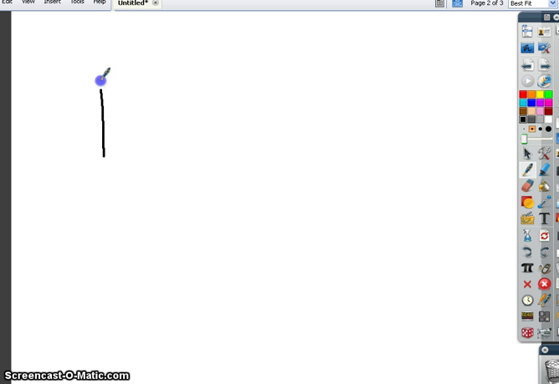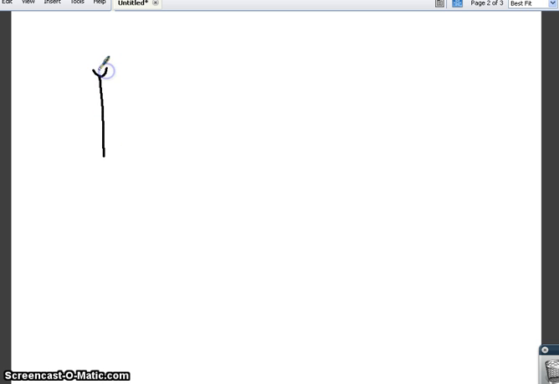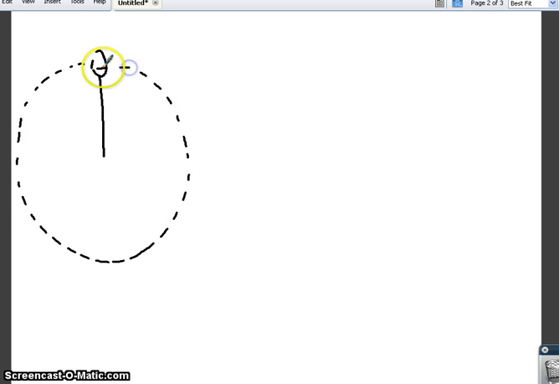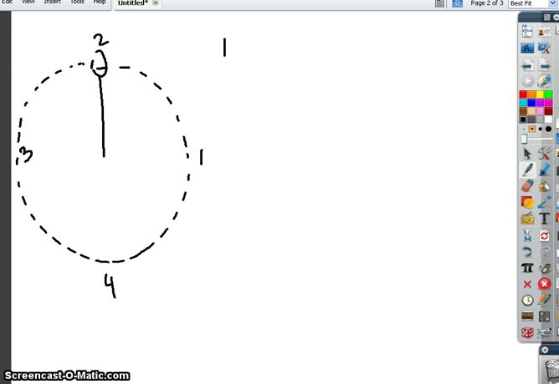Same scenario here. We have a bucket attached to a string, and this is going in a circle around like this. So let's call these points 1, 2, 3, 4. Okay? Points 1, 2, 3, and 4 as we go around.